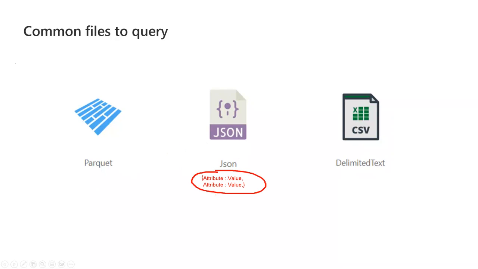Not all instances of a JSON document have the same attributes, unlike in a SQL database. Remember, in a SQL database, you always have one value for each column. It's not the case in a JSON document. For instance, to give you a very concrete example, my client number one has an email address, but my client number two doesn't have any email address, so I don't have any attribute for this client.